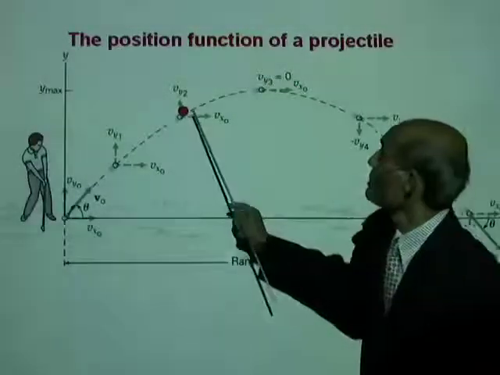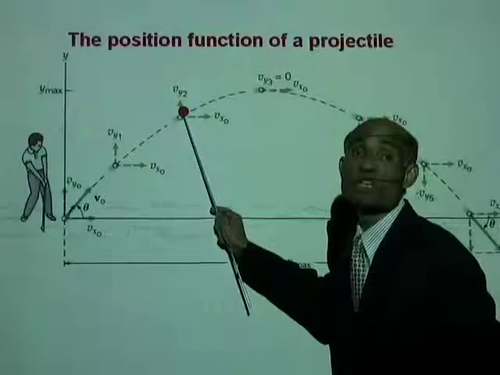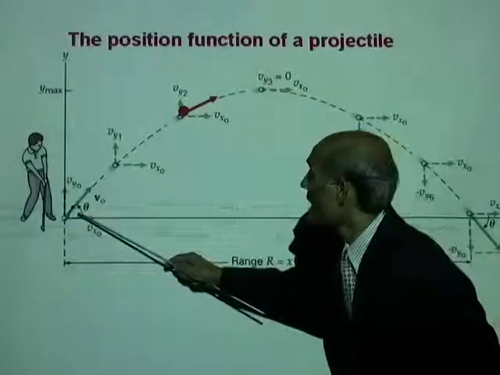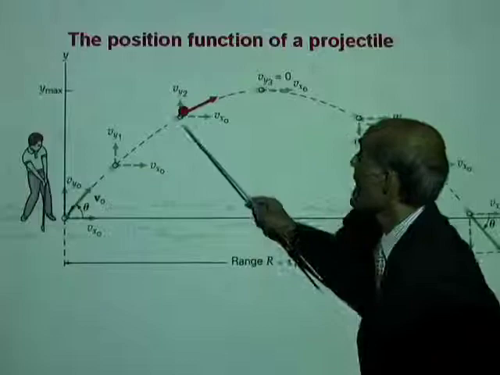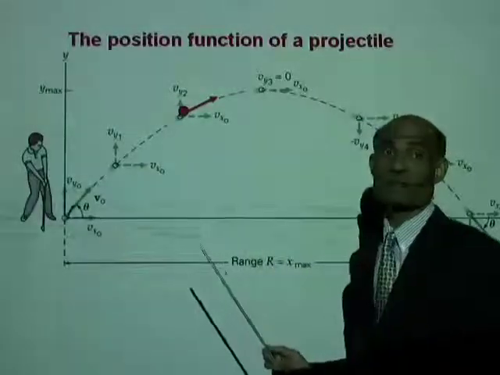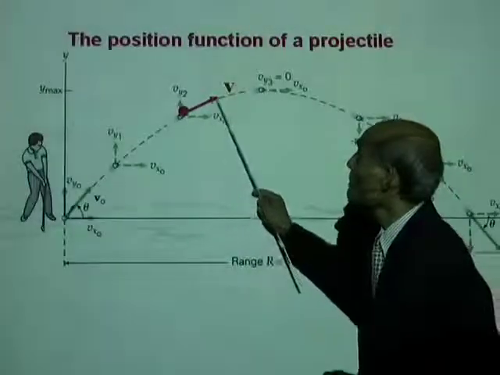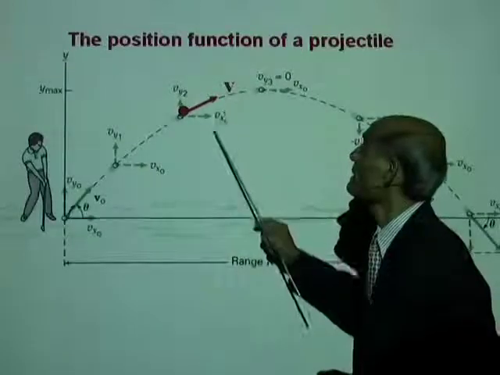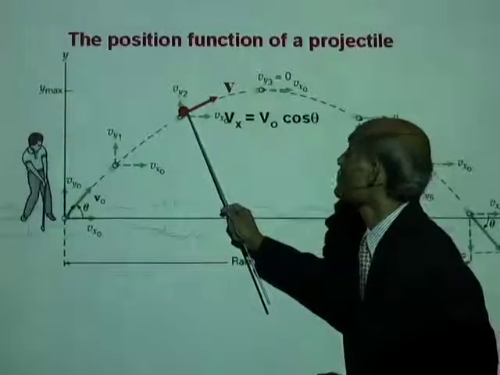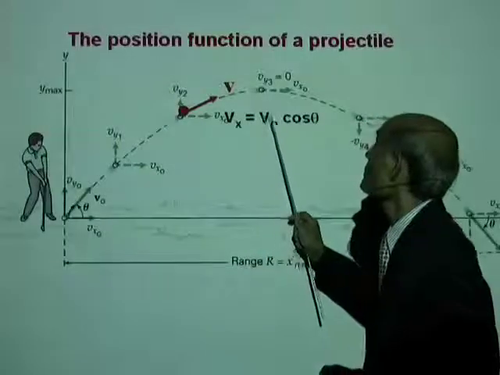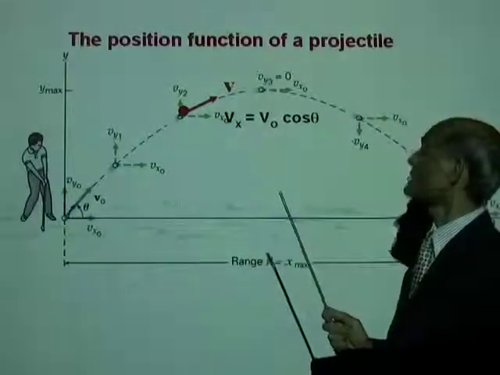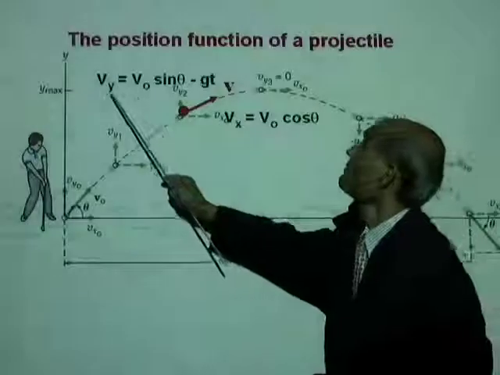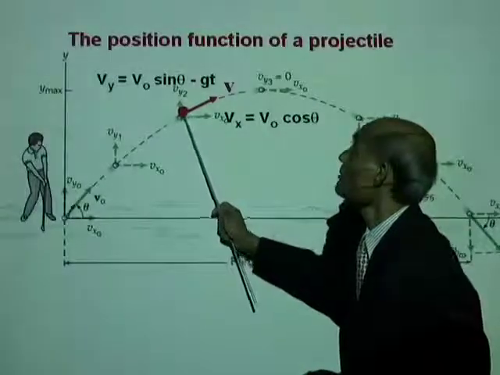Alright? If the ball is at any particular position, it has an x displacement and a y displacement. So if the velocity of the ball at any given time is v, it has an x component, vx equal to v0 cos theta, and vy, what will be the velocity here?